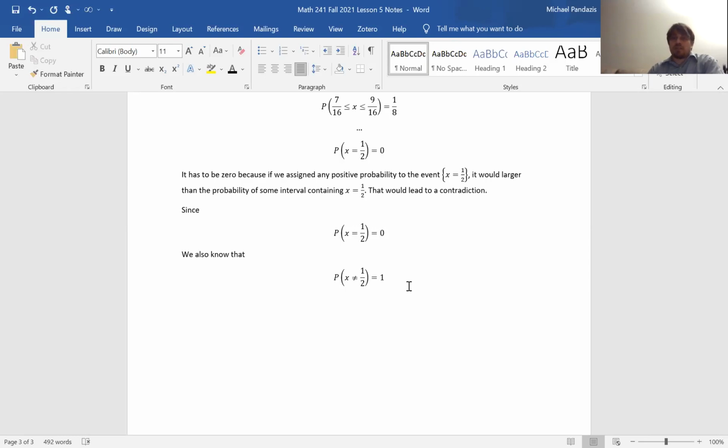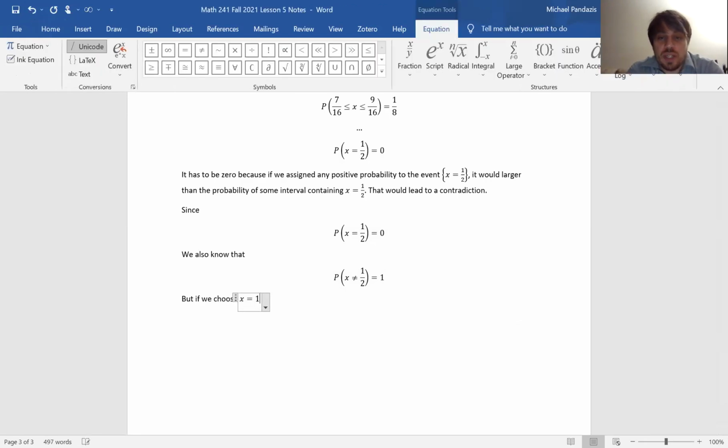If we chose 1/2, it would be false to say that we didn't choose 1/2, because we did. So that would be an example of the probability of an event being 1, but it still doesn't happen anyway.